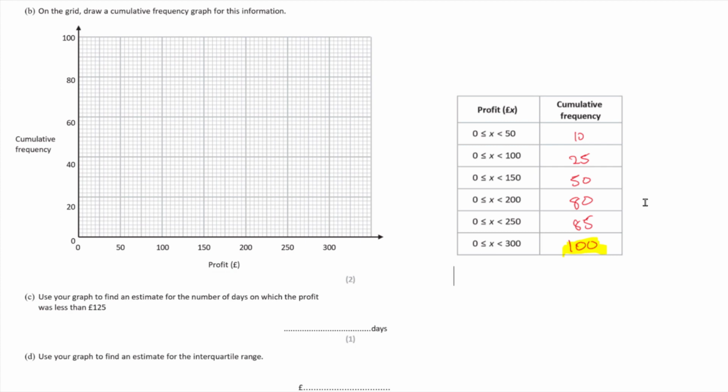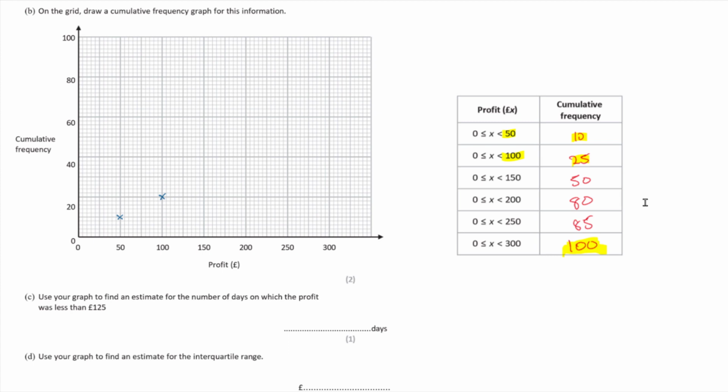Now when you're plotting a cumulative frequency graph, you plot upper class bound against cumulative frequency. So that point there, I need to plot 50 against 10. The next one, I'm going to plot 100 against 25.